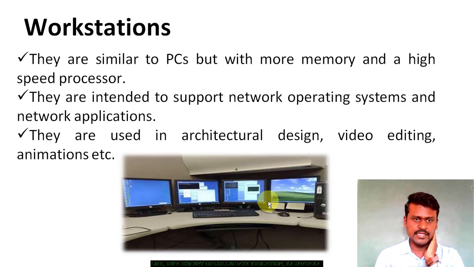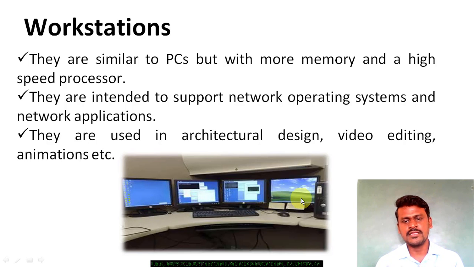For editing those high quality videos, they need high end processors to handle them. So in workstations, they will allow high speed processors and more memory, plus they will consume a high amount of electricity, right? For editing we need that. So this type of architecture we call a workstation.